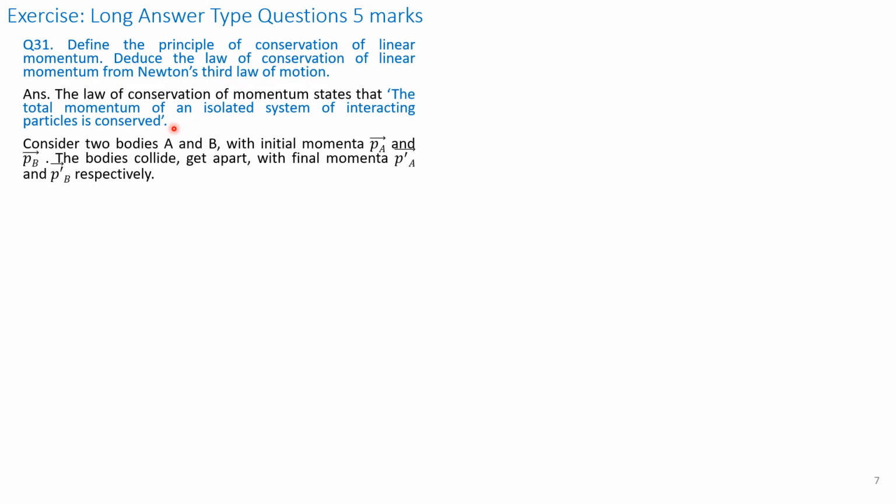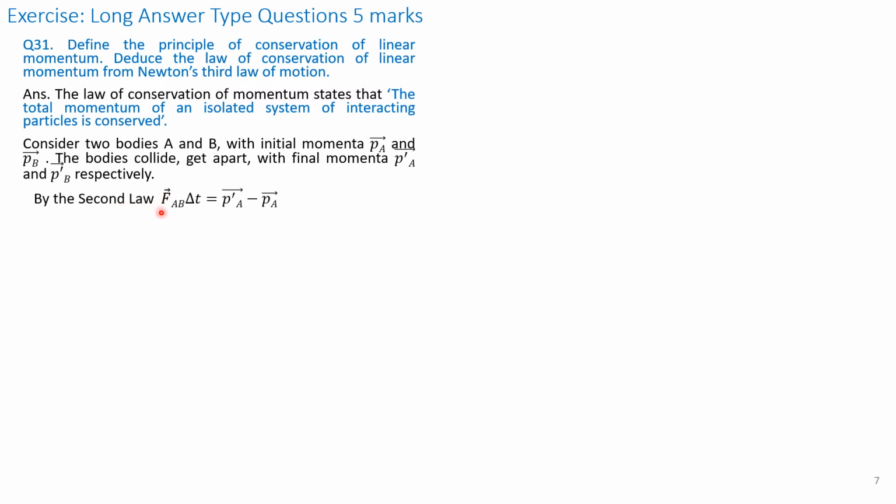Consider two bodies A and B with initial momenta PA and PB respectively. The bodies collide and get apart with final momenta P dash A and P dash B respectively.